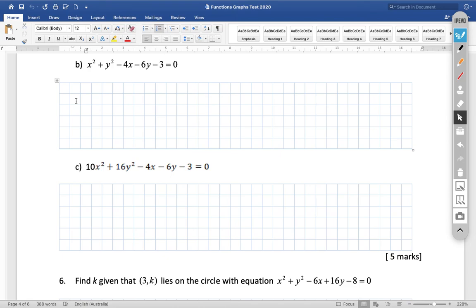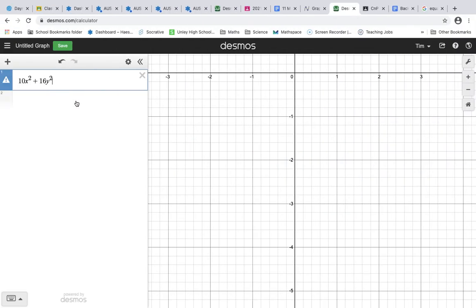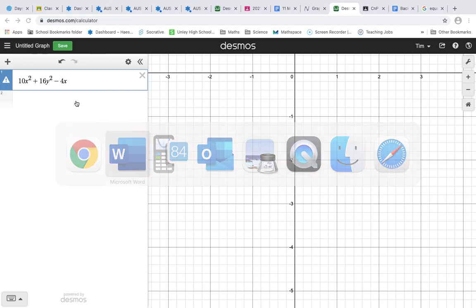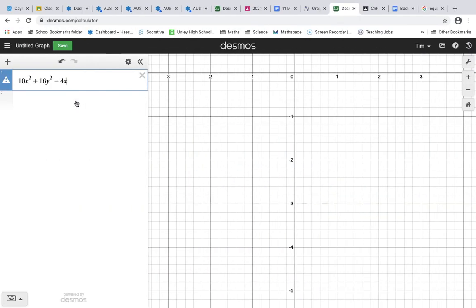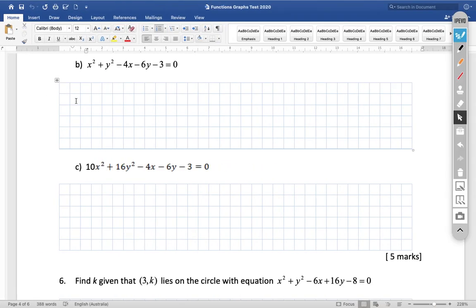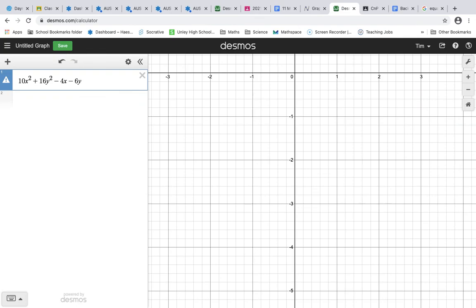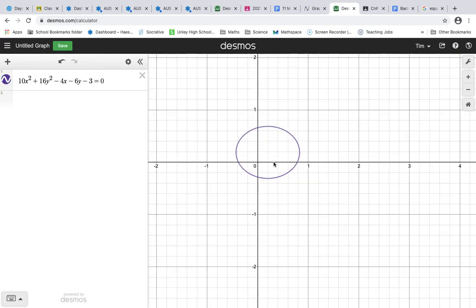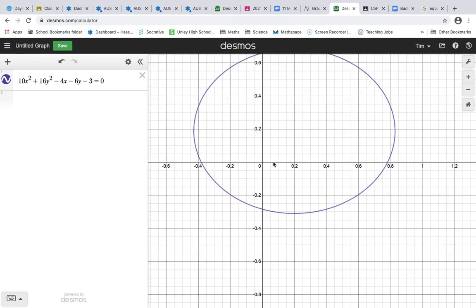These used to be in the old specialist maths; they used to do conics. That was a +3 or a -3? -3. There you go. Maybe if I zoom in, you'll see that's not circular.